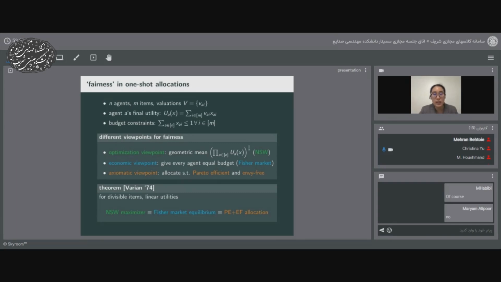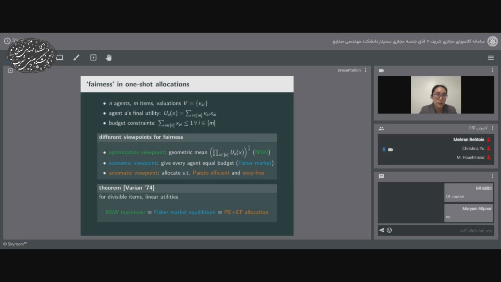Meaning, if I find the allocation that maximizes this Nash social welfare, which is the geometric mean of the utilities, that will produce an outcome which also satisfies Pareto efficiency and envy freeness, and also happens to be the outcome that results from this kind of free market.